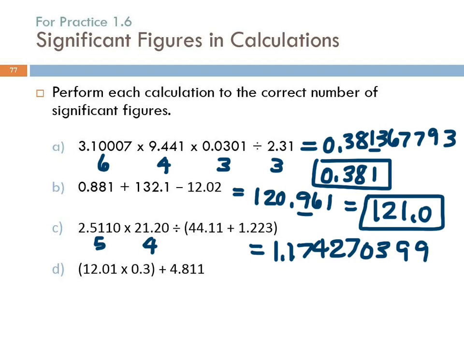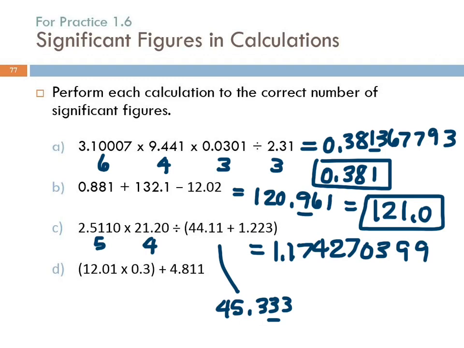When we add those together, this part here is 45.333. We have to use the adding rule. So 2 decimal places, 3 decimal places. So this gets rounded to 2 decimal places.